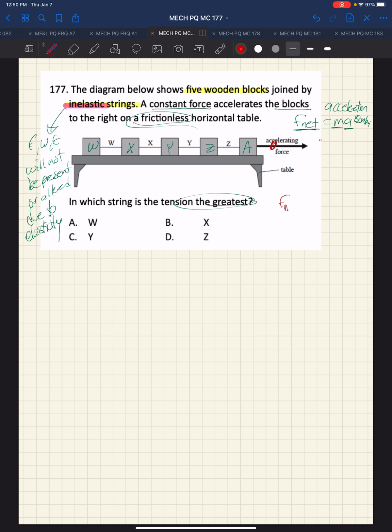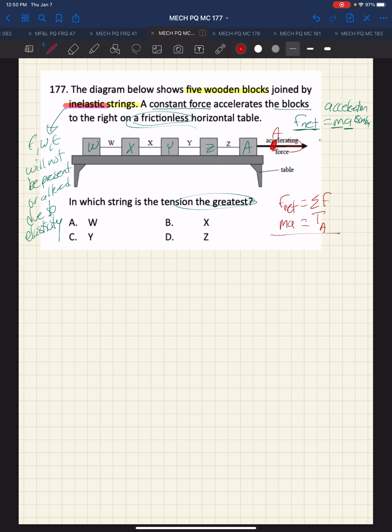F net is the sum of the forces. F net is ma, and the sum of the forces in this case, since there's no friction, is simply the tension. So we'll call that TA. So that's what TA is.